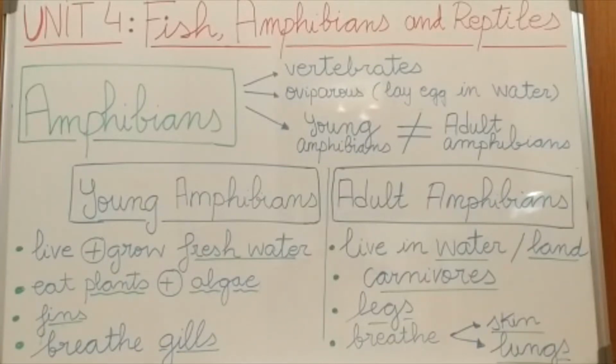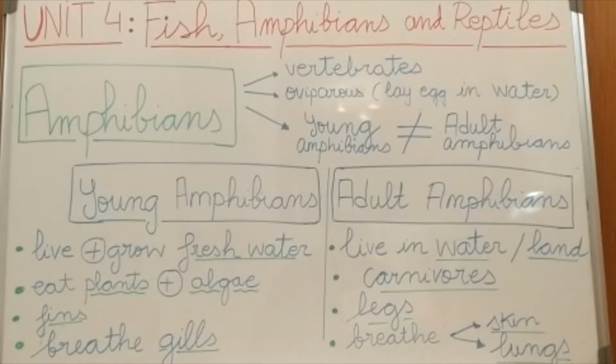What happens with adult amphibians? You have to know that they live in both places. They live in water, but they can also live on land, okay? Most adult amphibians are carnivores. They feed on other animals, okay? They need other animals for surviving.